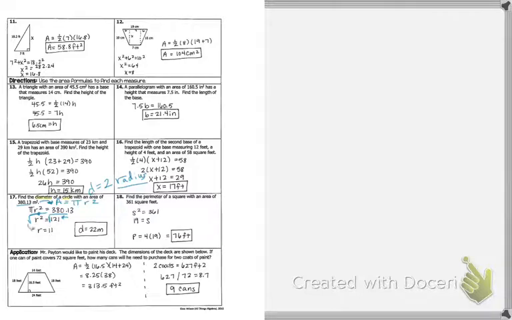That becomes r. Square root of 121 is 11. We have our radius. But radius is equal to 1/2 the diameter. So you multiply times 2.